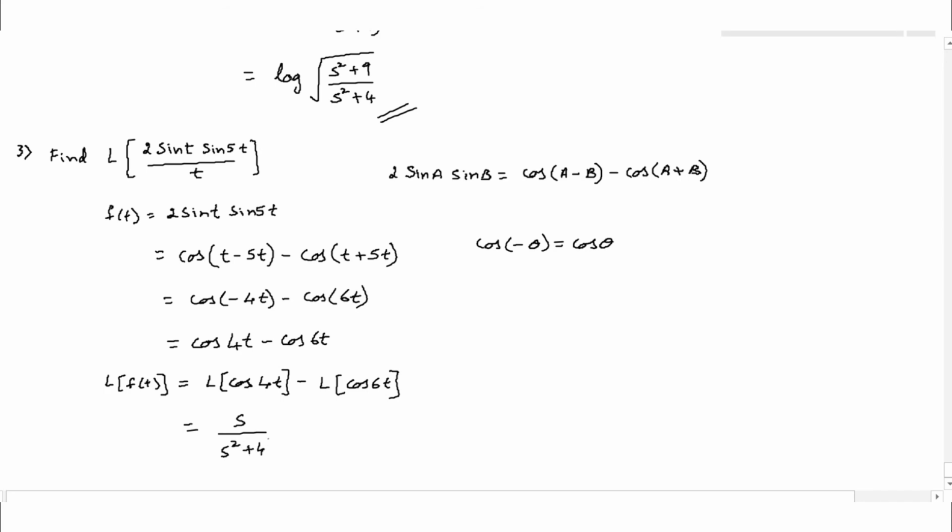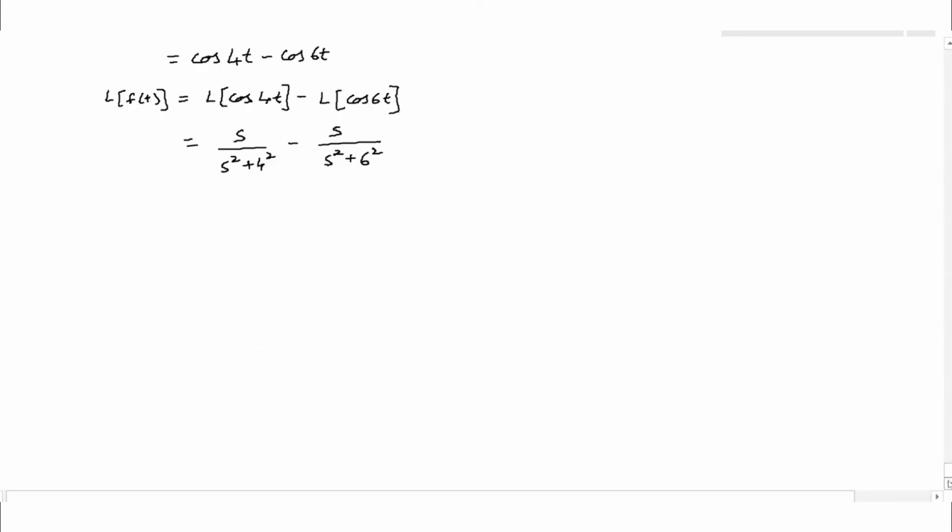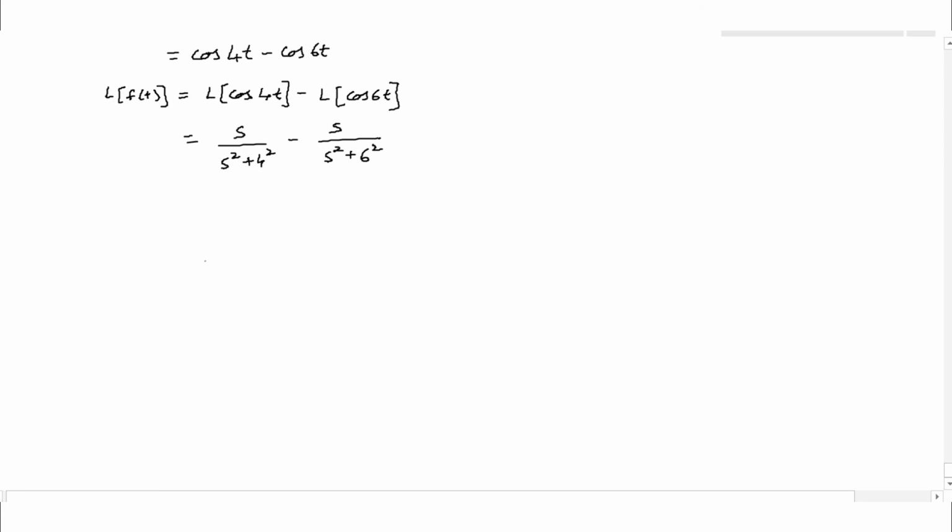A value is 4, so 4 square, minus it is s by s square plus a value in this case is 6, so 6 square will be getting. Or further, if you try to simplify this expression, you will be getting the value to be equals to s by s square plus 16 minus of s by s square plus 6 square will be 36. So this will be acting as your f bar of s value.